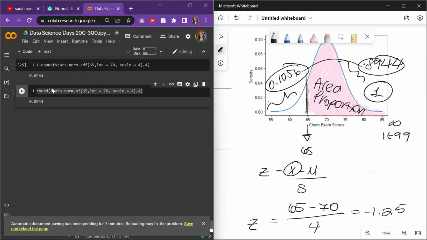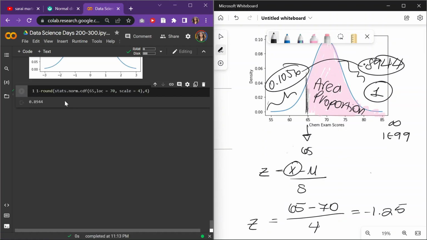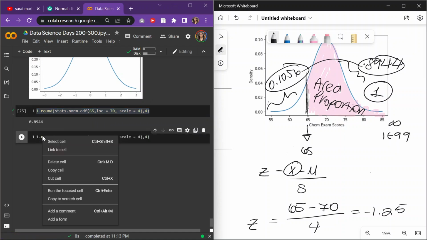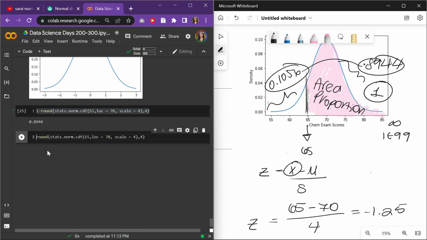It froze. What is going on? It deleted my code. Let me just fix that real quick.